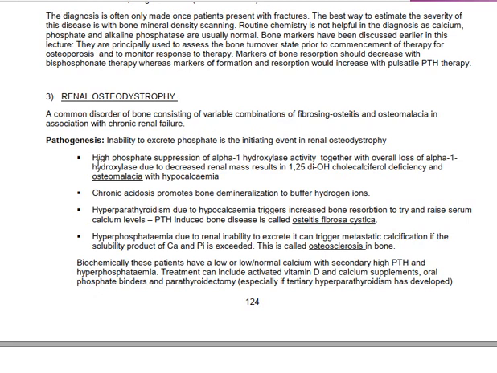High phosphate results in suppression of alpha-1 hydroxylase activity. When alpha-1 hydroxylase is inactive, you don't have synthesis of 1,25 dihydroxycholecalciferol, which cannot cause the reabsorption of calcium at the level of the gut.